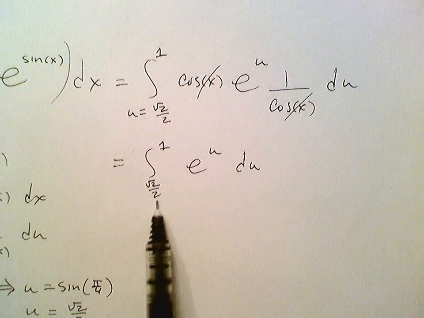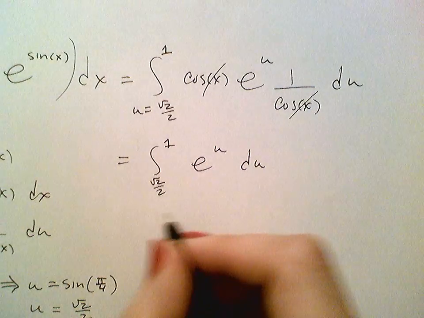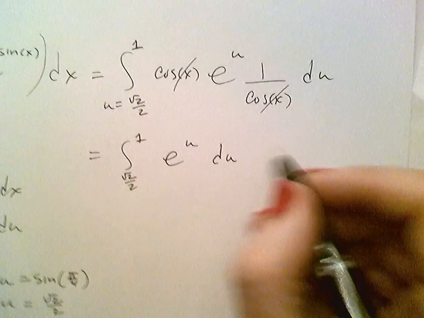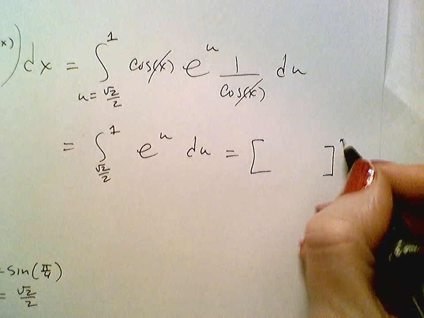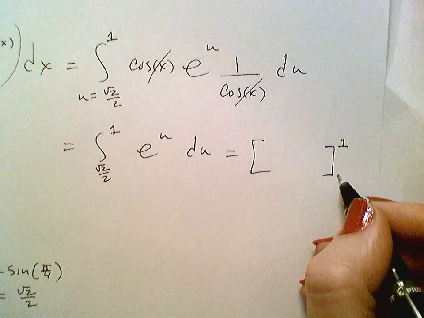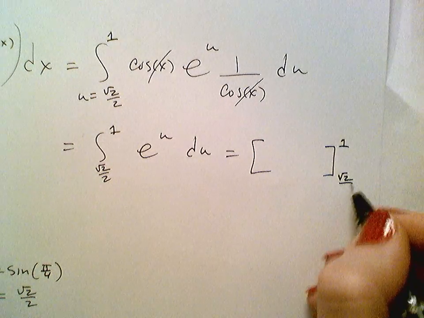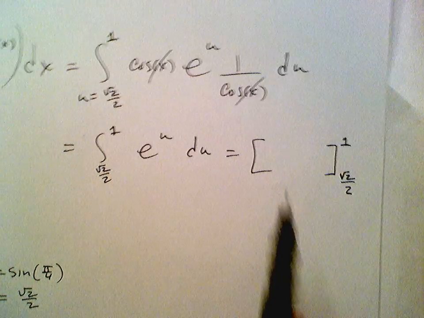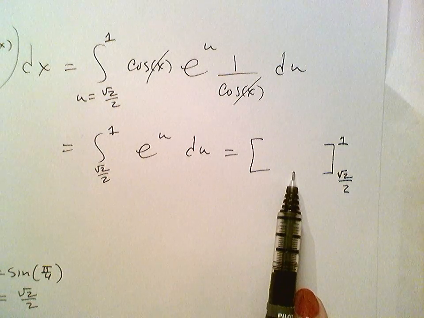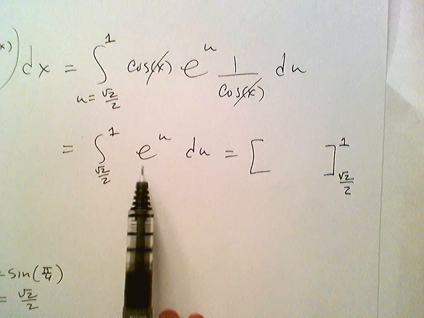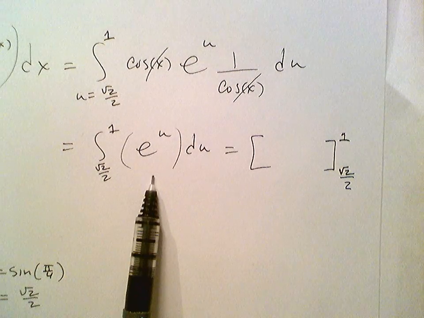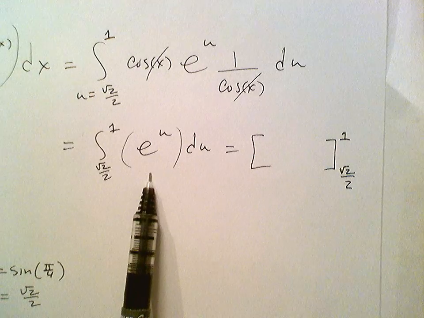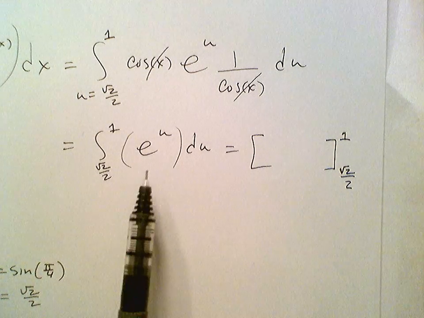Now, to use the fundamental theorem of calculus here, I would open up a bracket, set up the limits of integration at the end there, and then what goes inside of here is the antiderivative of the input of the definite integral. And there is not an easier derivative or antiderivative in the world.